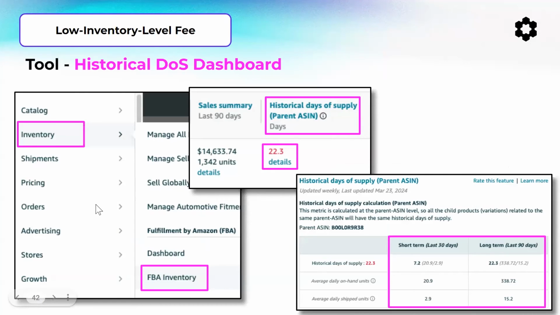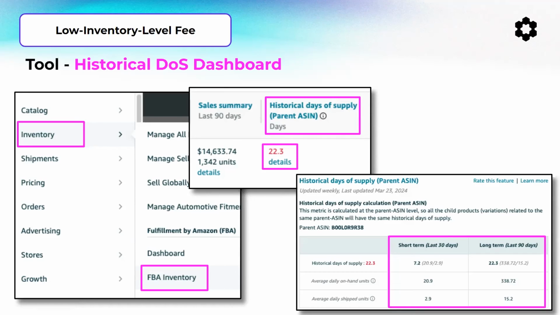Okay, yes. So now Amazon also has a tool. So if you want to take a look at this, this is current. It's not projecting into the future, it's projecting current. And they'll give you your days of supply, right? So if you go into the inventory section to FBA Inventory, there is a dashboard there, and you're going to look for the column historical days of supply, and it will show you how many days of supply you have.